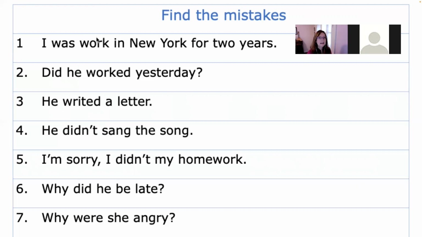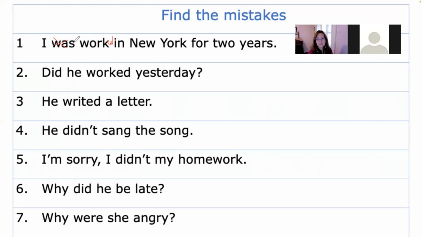And so a lot of times students will think that to make the past tense, they just put was in front of the verb. So you'll hear that sometimes, but we have to tell them, no, it's not was work, it's worked, right? We need to put that ed at the end of the verb.